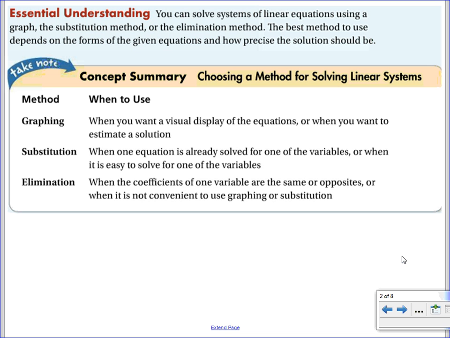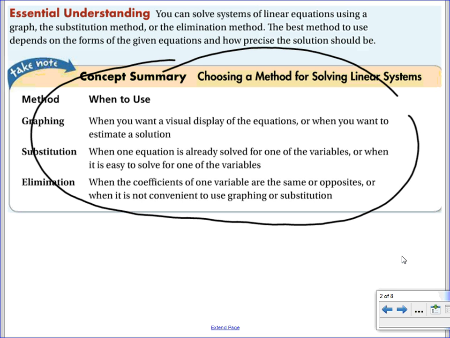I would definitely suggest writing down this entire chart. So, when to use them: graphing is really not anything that's very exact. It's used more for estimating, unless of course you have a graphing calculator.